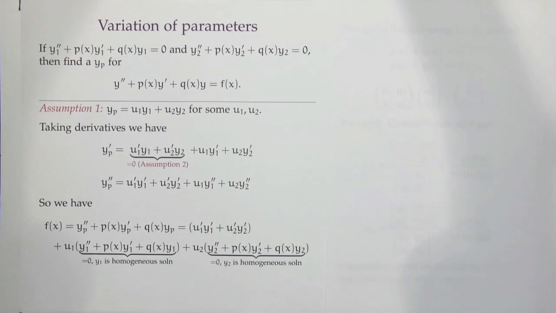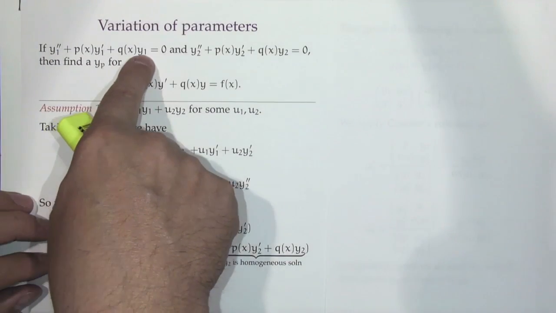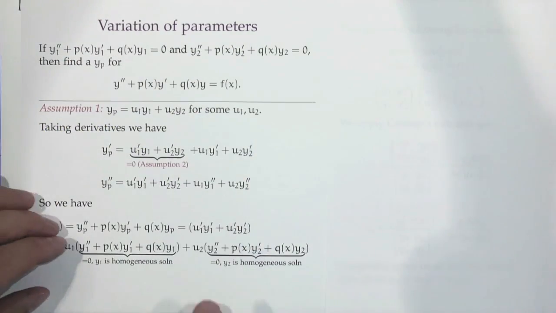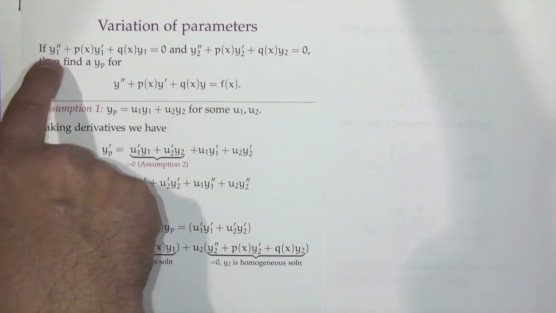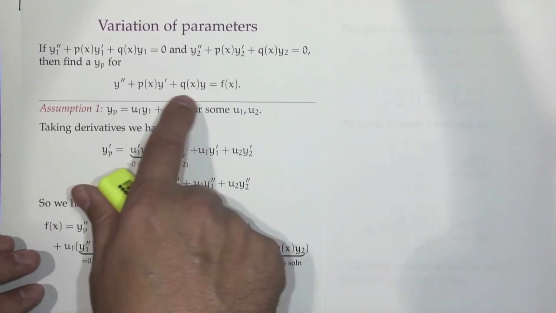And the punchline here says what? Well, it says, hey, we have this y1 and y2. What do you notice about y1 and y2? What are they? Well, what are they solving? They're almost solving this equation, except what?